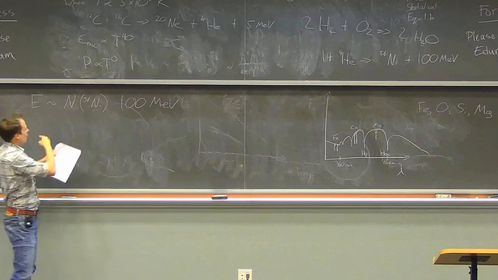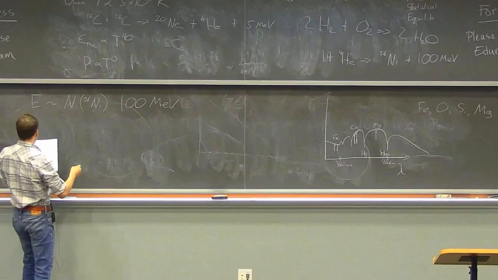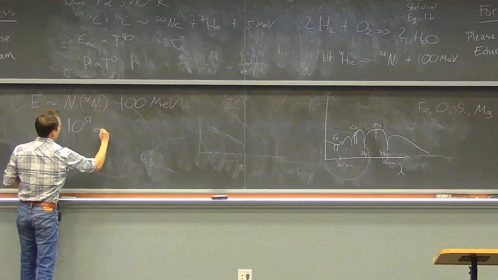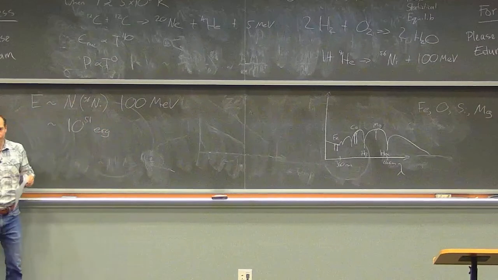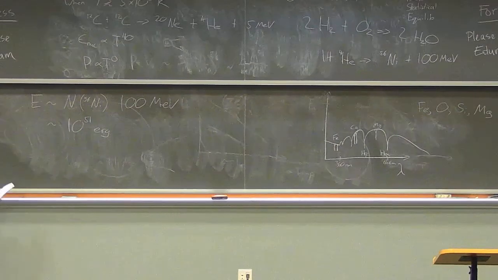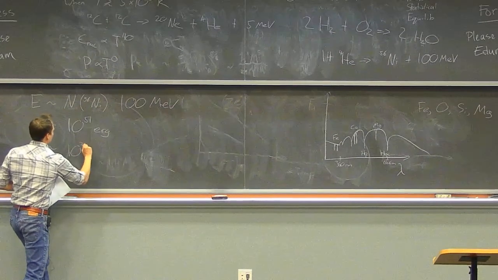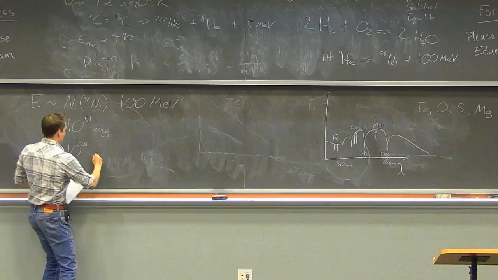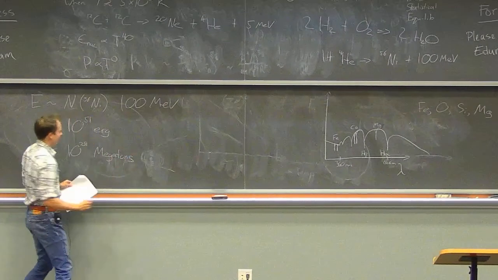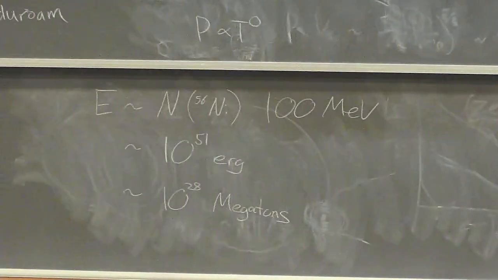And if you just calculate the number of nickel atoms inside of a white dwarf of about 1 solar mass, it turns out that the energy that you get here is about 10^51 ergs, where ergs are the CGS units for energy. To translate that to a more familiar number, this is about 10^28 megatons of TNT. So that's a really big nuclear bomb, the biggest nuclear bombs in the universe.